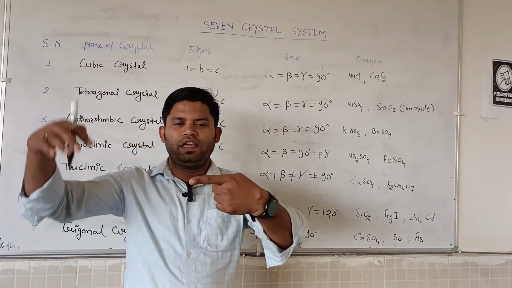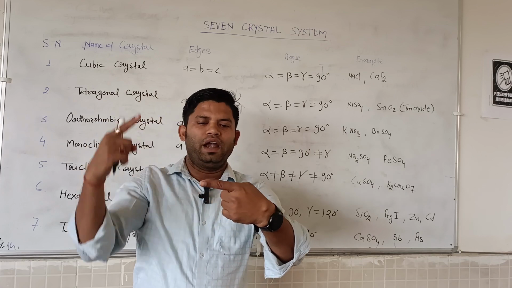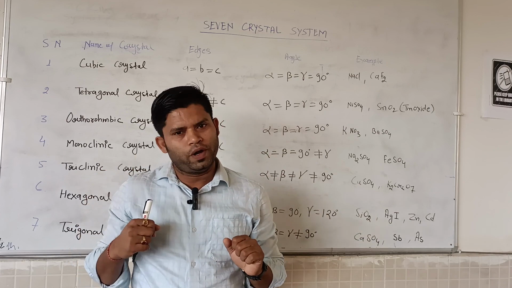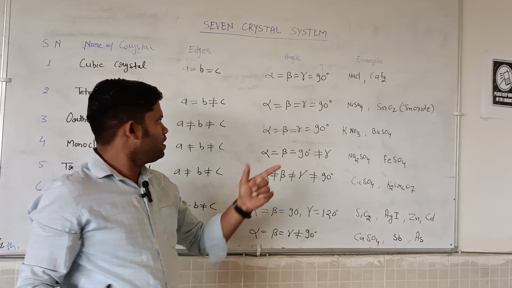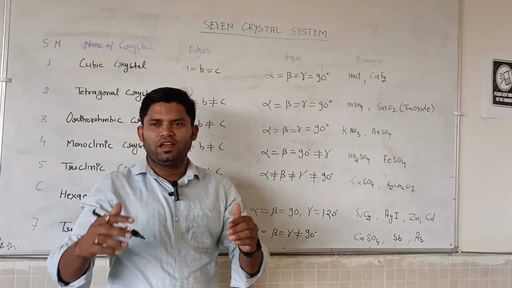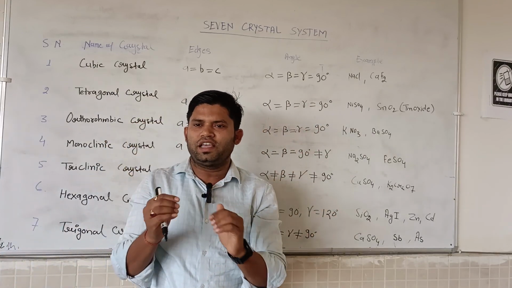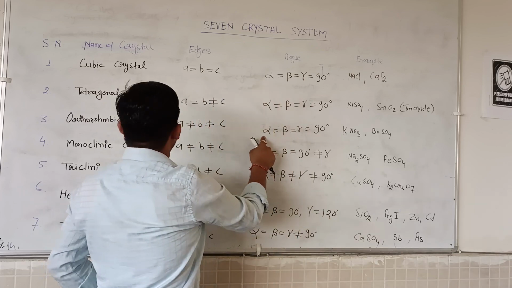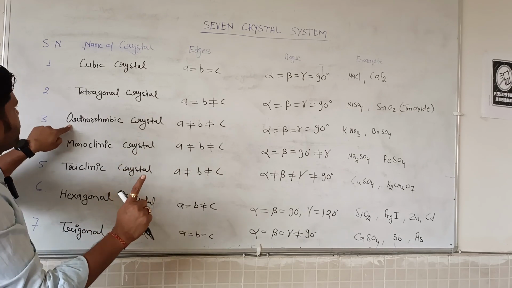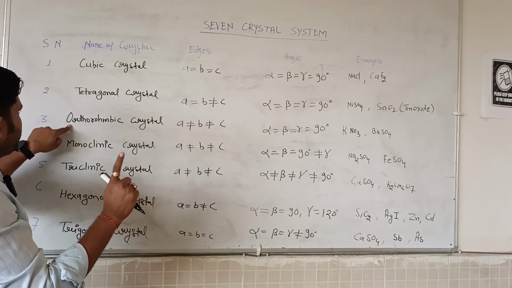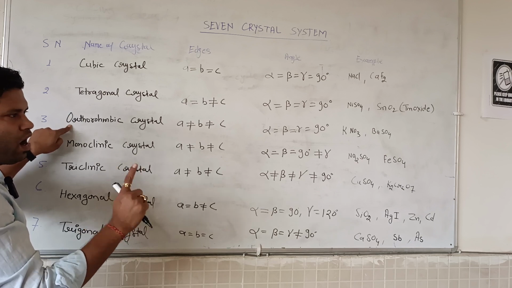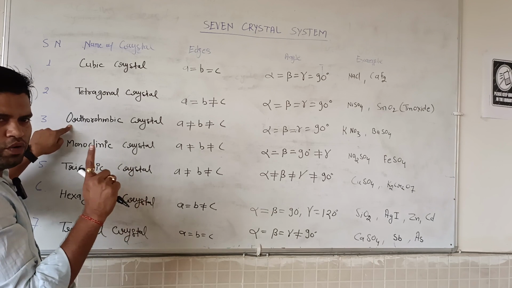Suppose we take a, b, and c like this. Clear? Second thing, here we remember that the first three are the same: cubic, tetragonal, orthorhombic. In cubic, tetragonal, orthorhombic, the angles are mutually perpendicular to each other.